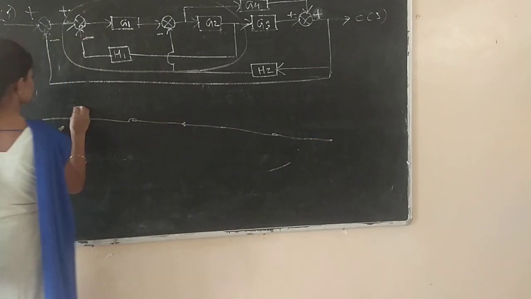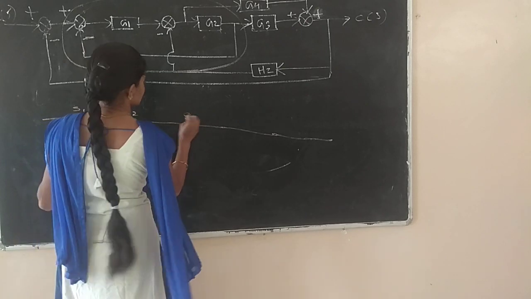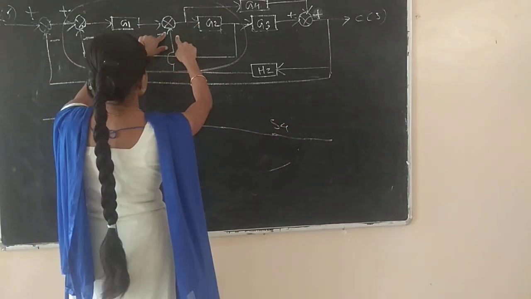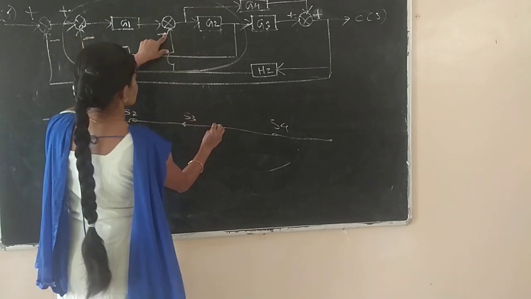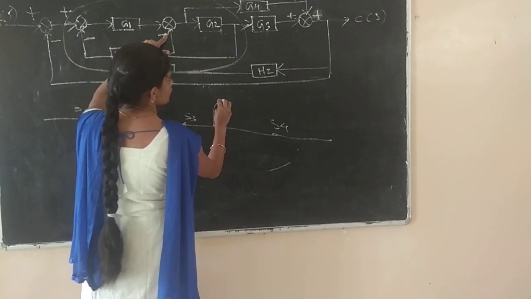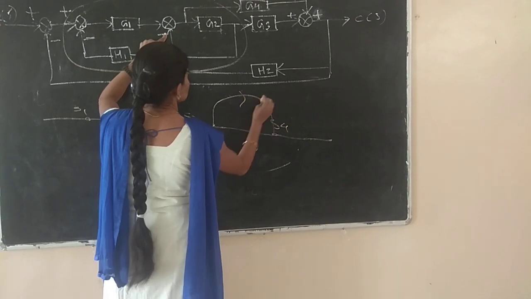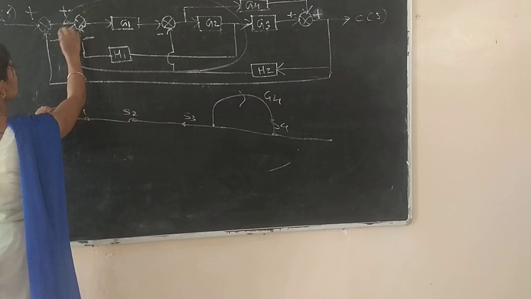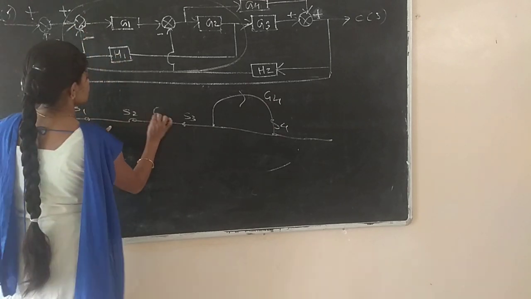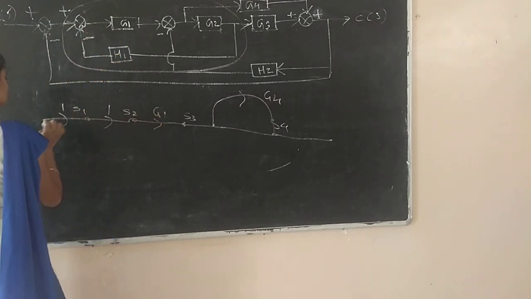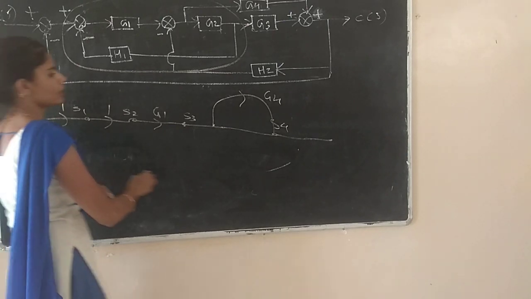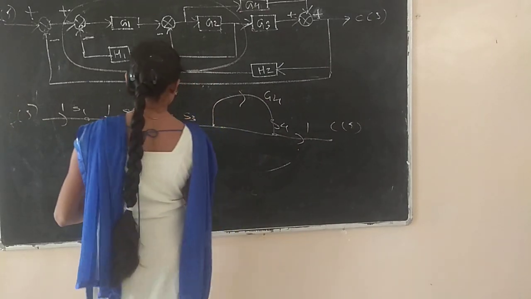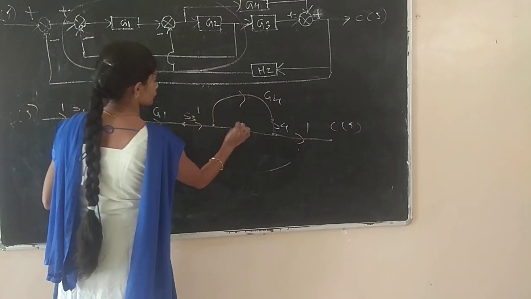Here it is a first summing point, second summing point, third summing point and fourth summing point. And the G4 is here, it is a takeoff point and this takeoff point here it is a G4. Okay, and here it is S1, S2 and here it is a G1. Okay, here 1, R of S and C of S. Here it is a 1 and this is 1.